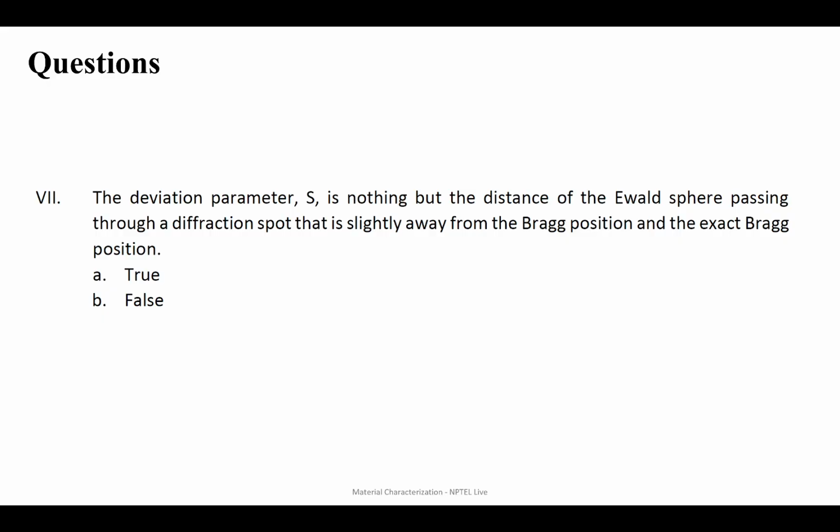The deviation parameter S is nothing but the distance of the Ewald sphere passing through a diffraction spot that is slightly away from the Bragg position and the exact Bragg position. True or false?